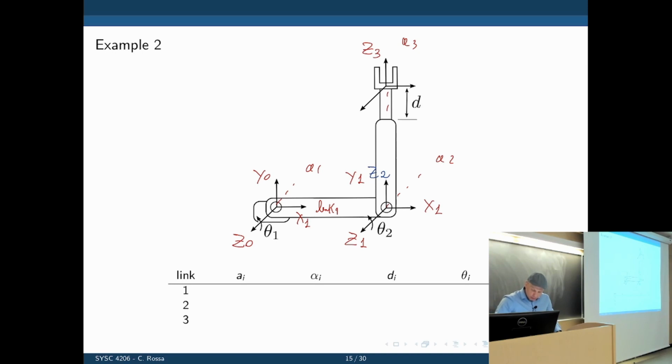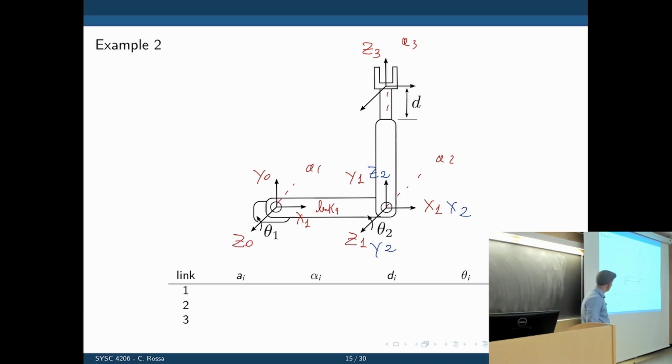Where is x2? Well, the only solution we have so that it is perpendicular to z1 and z2 is there. And then the only spot left for y2 is here. x2 is not in the same position as x1.